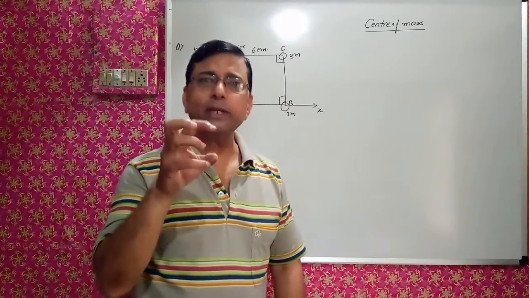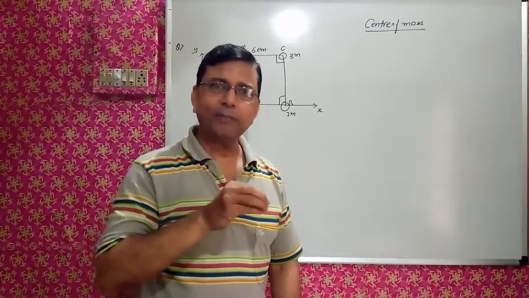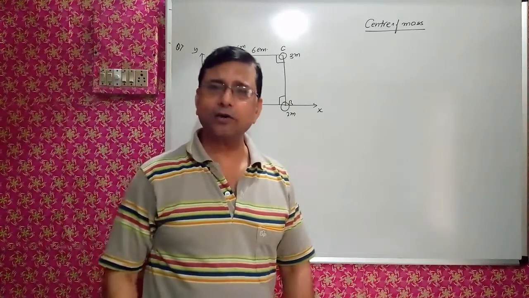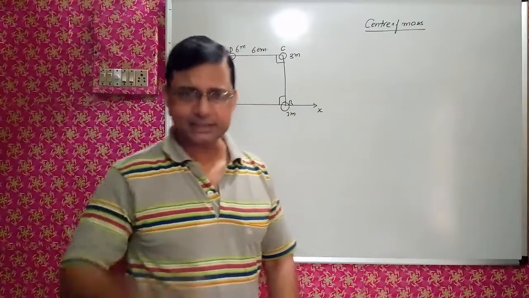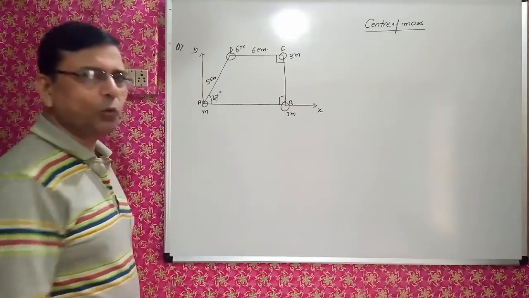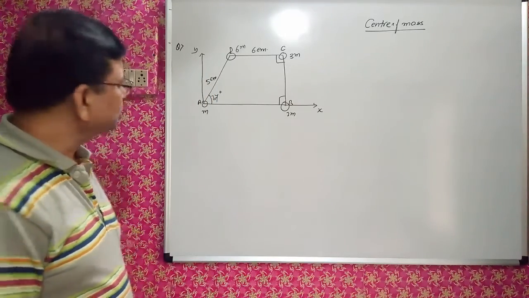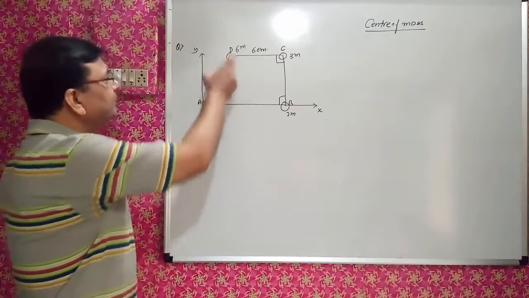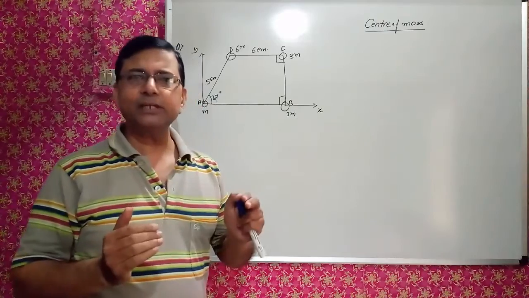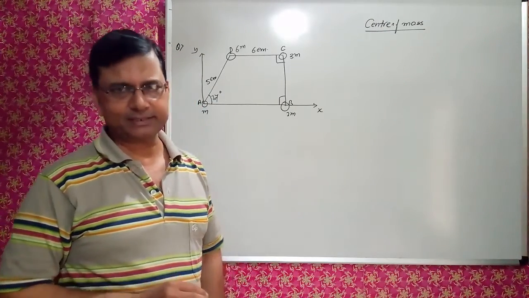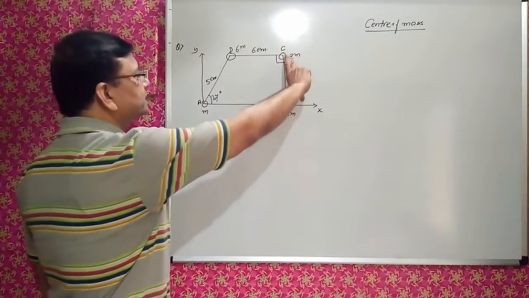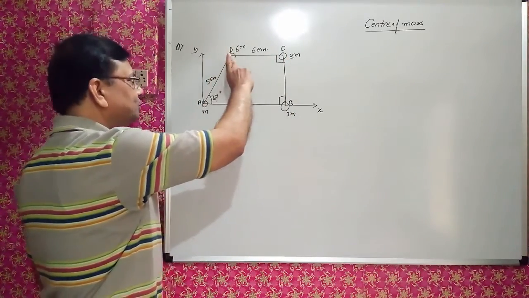So selecting origin is not the problem, but problem is from that point of origin, you should be able to measure the distances of these discretely distributed masses. That's important, right? So that is why for my convenience, I choose this point as origin, right? So we have to look at from here, we will be comfortably able to measure the distances of these discretely distributed masses. I am realizing. So from here I can find this distance also, and for this also, this and this.